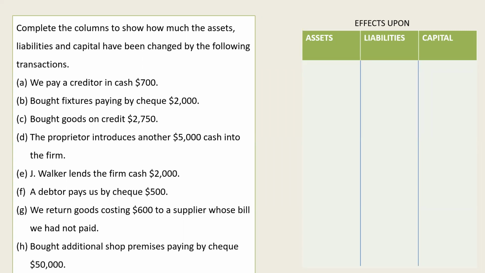Because the second one is an easier exercise for you, I want you to add and minus all of the transactions from A to H under your assets. You should come up with a figure, $8,450.